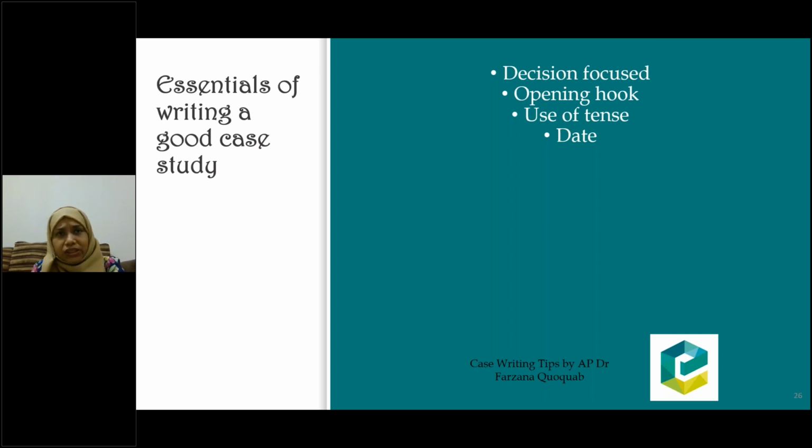Why is it crucial? It gives some sense of urgency to the reader, that I have to do something, make a decision, make a choice within maybe 1 month, or maybe by the next board meeting which will be held after 3 months, or maybe they have more time to reinvestigate and reanalyze the scenario and make a decision within 6 months, for example.